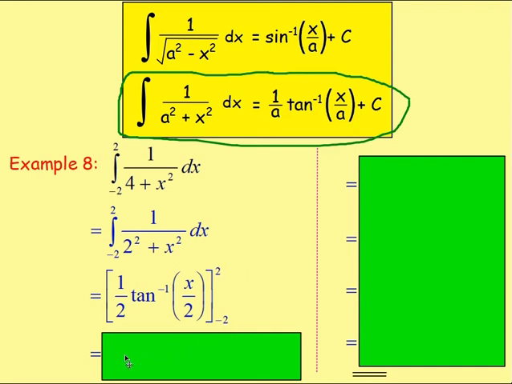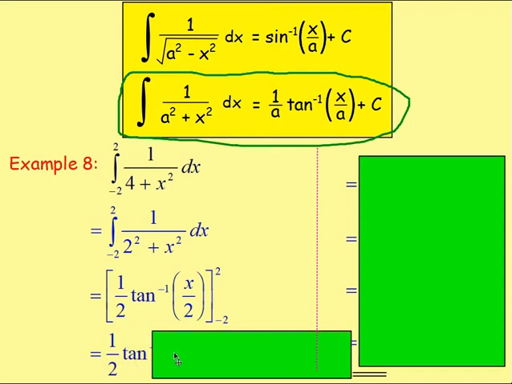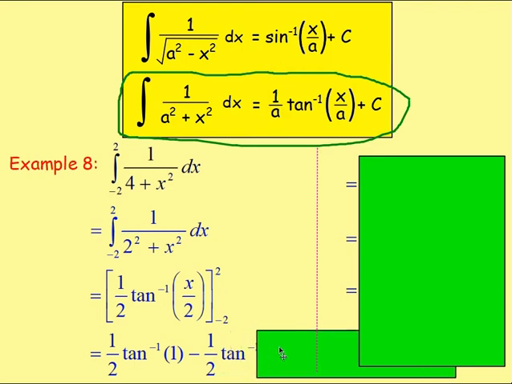After that, you will sub these in, so 1/2 will stay as 1/2. Tan to the minus 1 of, if you sub in 2, you'll have 2 over 2. You could write that, but you know 2 over 2 is just 1. We are taking away half tan to the minus 1 of, and if you sub in negative 2, negative 2 divided by 2 is negative 1.